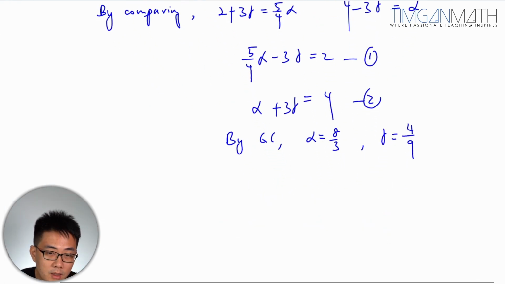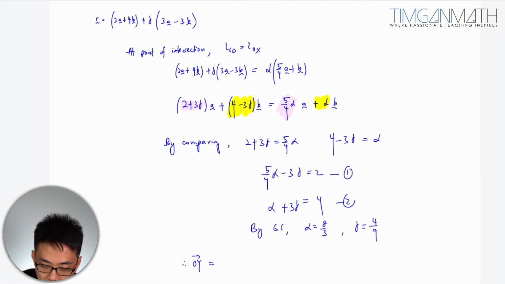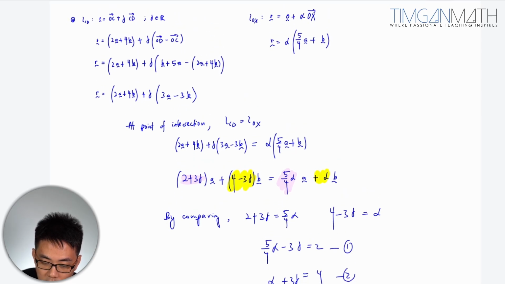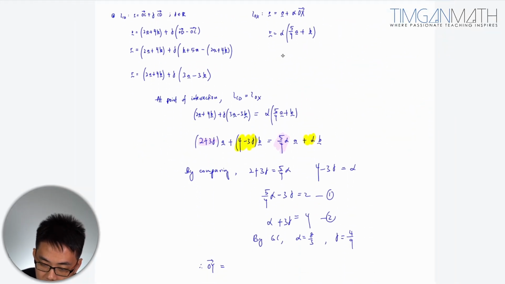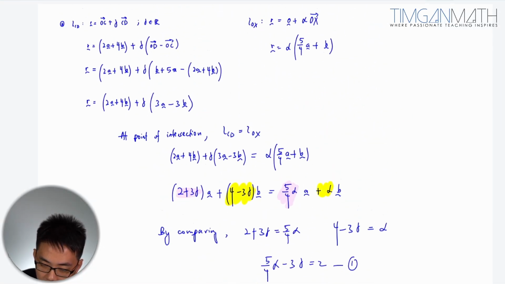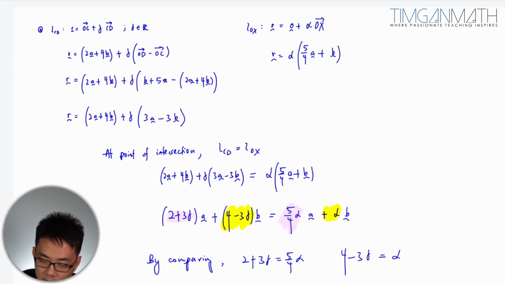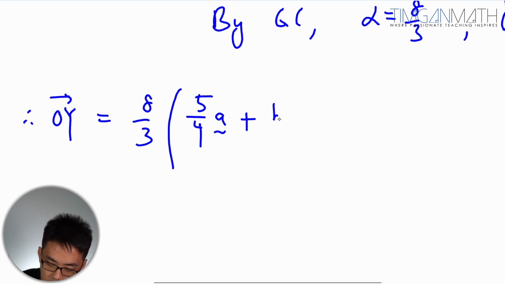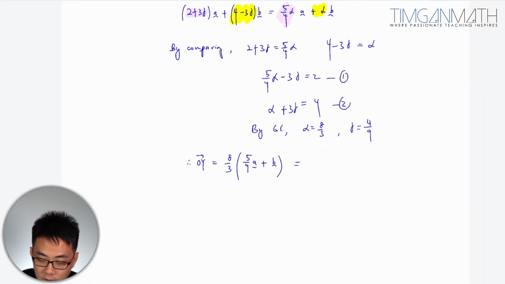so once done, what we can do is actually just find what's OY. Hence OY will just be key in calculator. OY just key into one of the equation. I think this is easier. So OX is using alpha, right? So this is 8 over 3. Alpha will be 5 over 4 alpha plus B. Okay, or rather, because we need to find the ratio later, right?